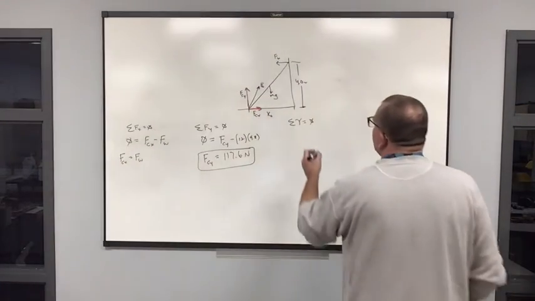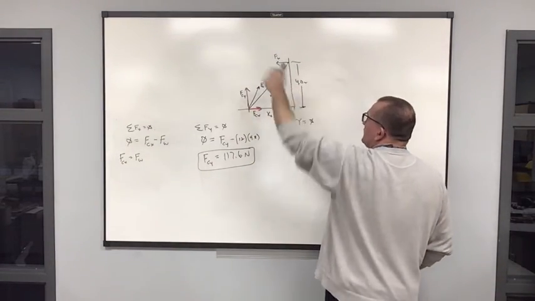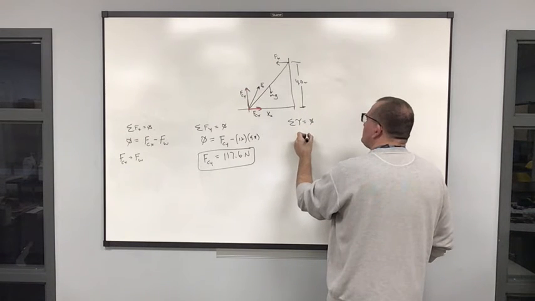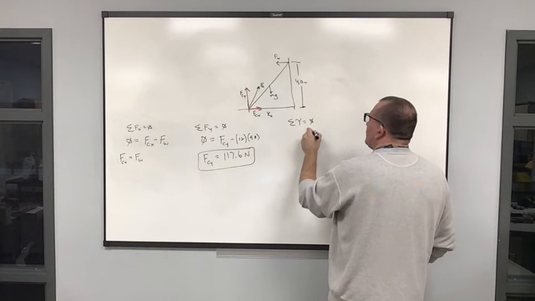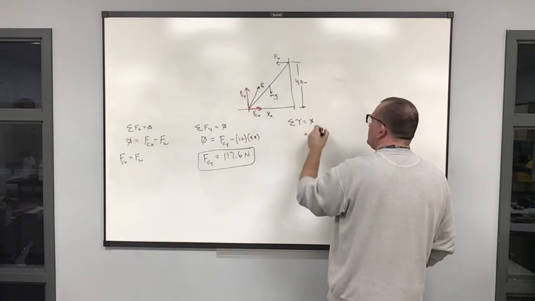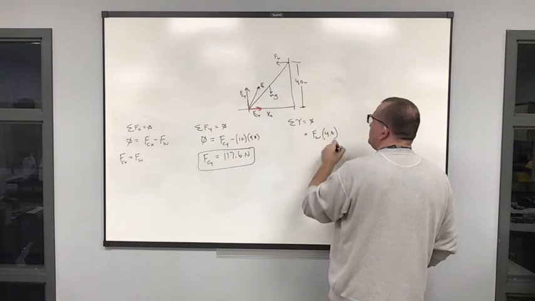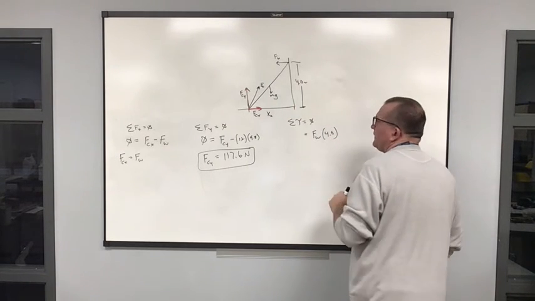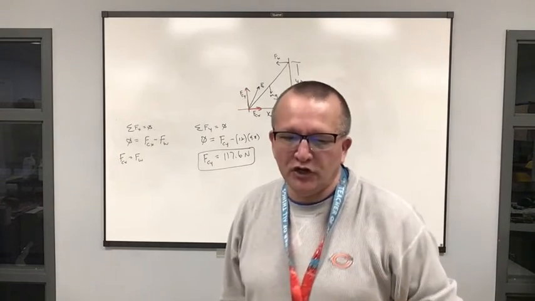So I have that pushing this way. And so force here is at 4 meters. So I'm going to make my floor 0, okay? And then I'm going to look at the distance from the floor up, right?